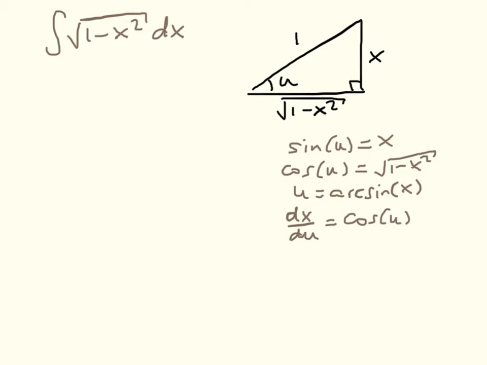So all of this information follows from drawing our triangle, and it is also true if the angle is not just between 0 to pi over 2, it's also true for negative angles from minus pi over 2 to 0. This still all holds as well, but I'm not going to go through that argument. It's something you're welcome to go through and check.